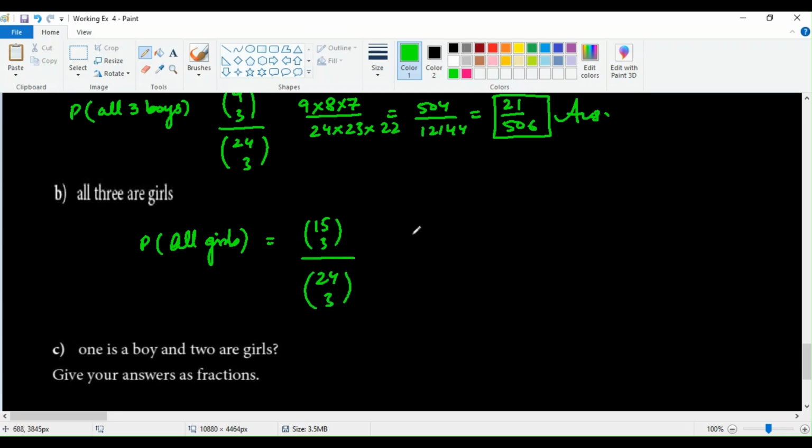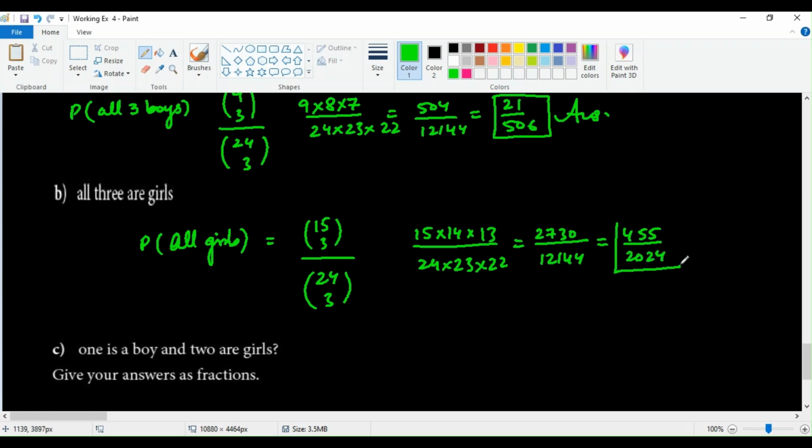That means this one is going to give us 15 times 14 times 13 divided by 24, 23 and 22. This is going to give us, we know very well, 12,144, and this one is going to give us 2730 if you use a calculator. Finalizing and simplifying, this gives us 455 over 2024, which is the answer for this part of the question.